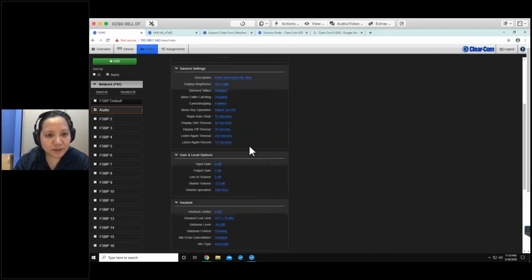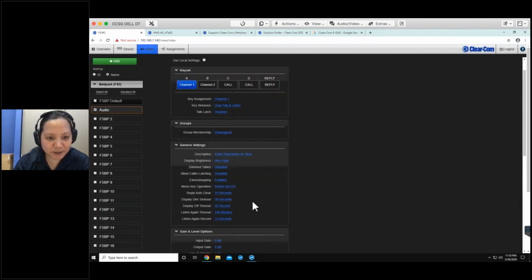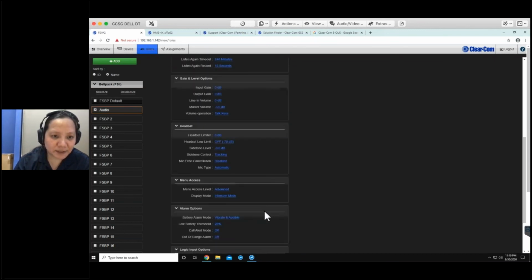Okay, so here are just the belt pack settings that are also available on the belt pack itself. Input gain and output gain. On the belt pack, we have a line level volume. There's a local input for a 3.5 mm TRS jack, so you could put in a local power.